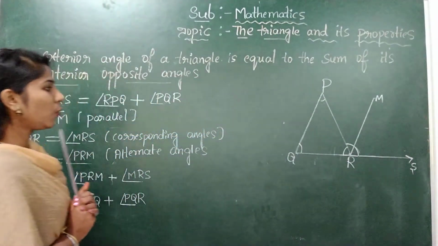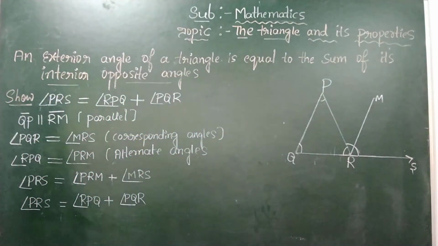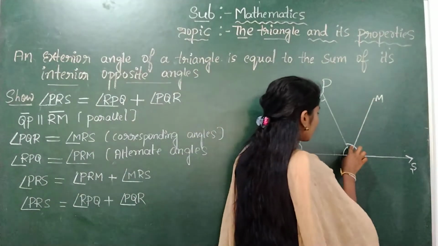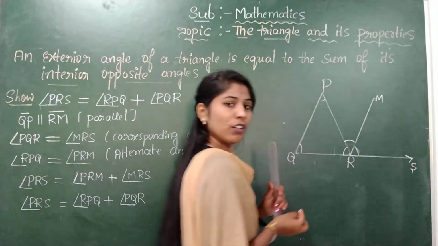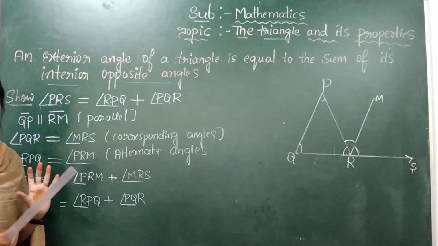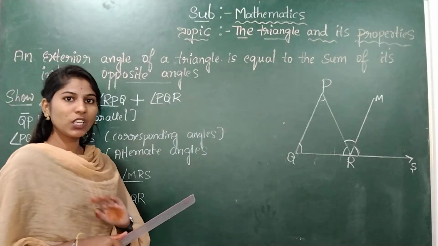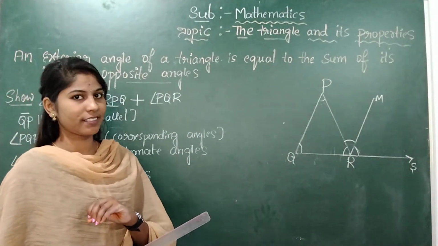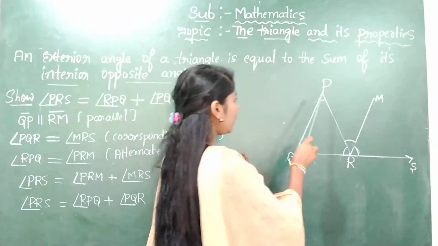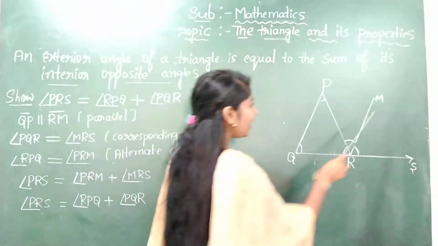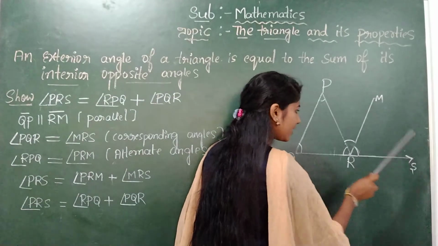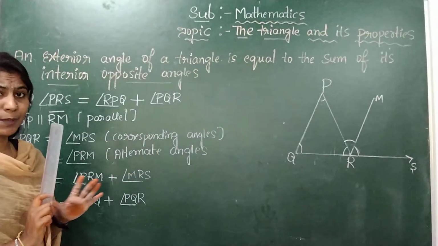Now you will get the corresponding angles. What are the corresponding angles you will get here? As you learnt in the previous class, you already have an idea regarding corresponding angles, right? So angle PQR and angle MRS, these two are corresponding angles.